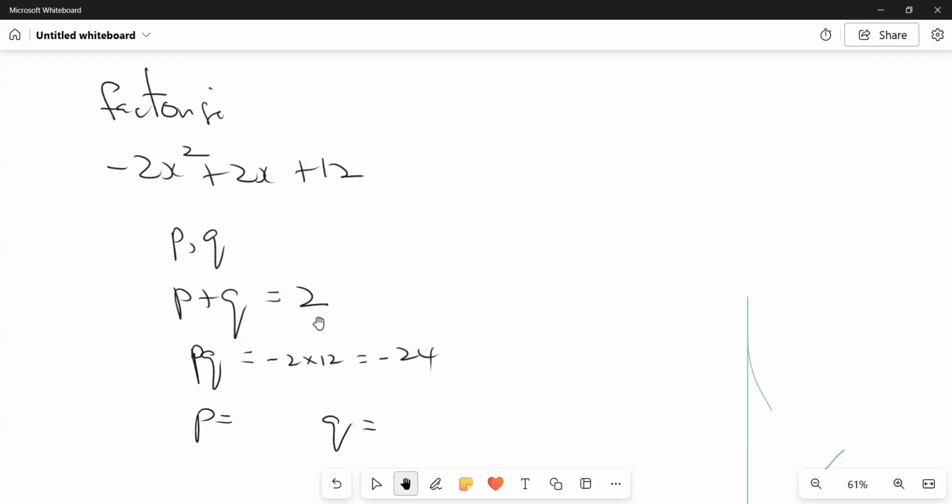When you add them, you get 2, and when you multiply them, you get minus 24.